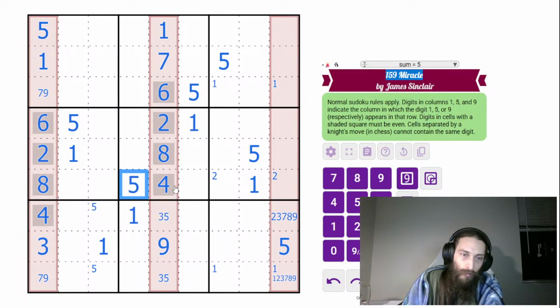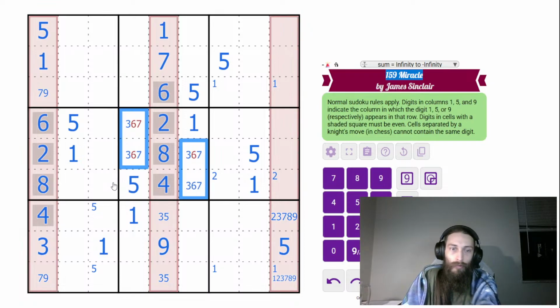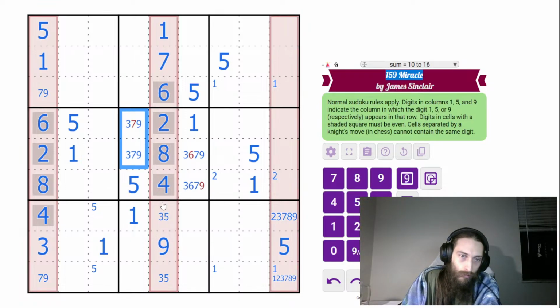Oh, I was missing this 5 because of the 4 here. Okay, so 1, 2, 3, 4, 5, 6, 7, and 9. These two can't be 6, and that can't be a 6 because of these two 6's. So that's 6. This isn't a 7.